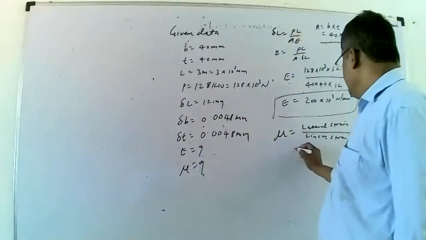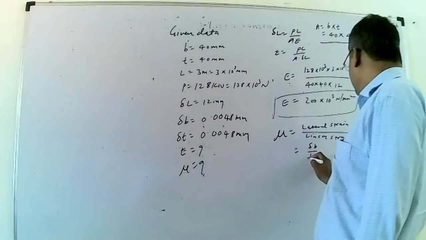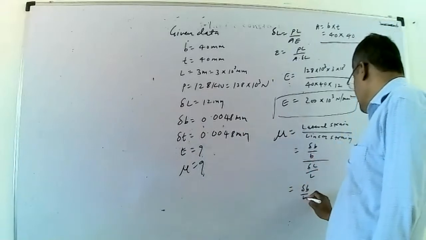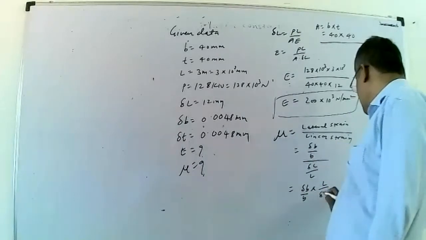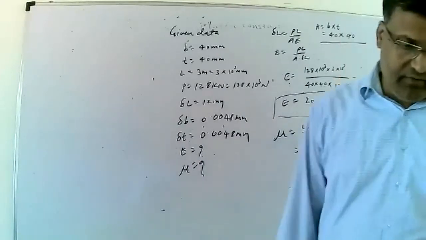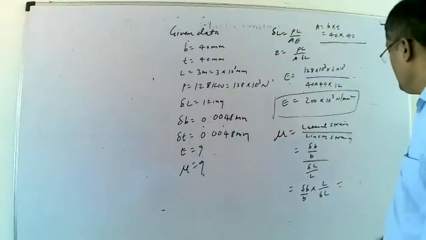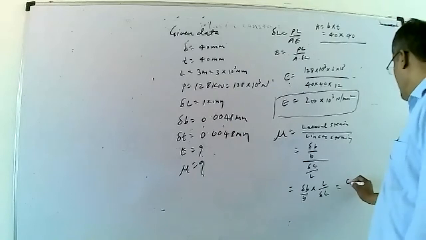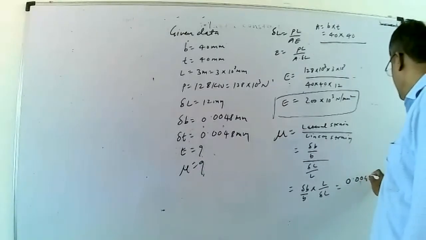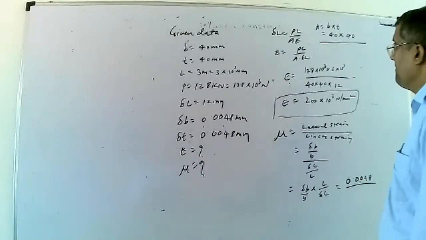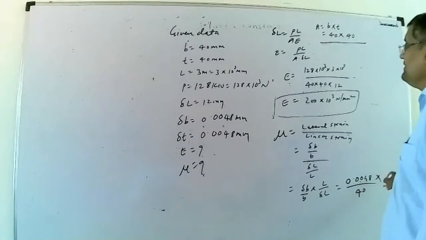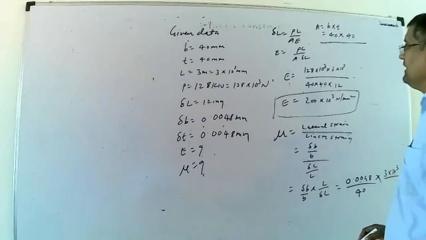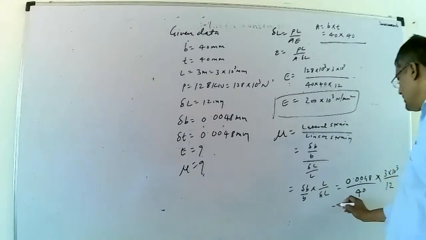Then the basic formula: lateral strain is delta B upon B, linear strain is delta L upon L. Then you just do the simplification. After that, we put in all these values. Delta B is already given, 0.0048, upon B, which is 40, into L, which is 3 into 10 raised to 3, and delta L is given 1.2.